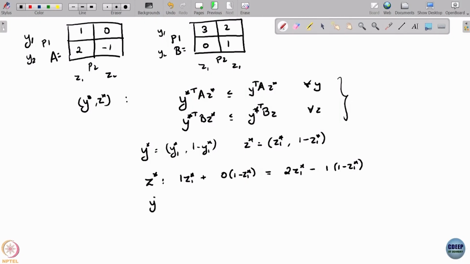And y star should be such that it does the same for the other player. So y star is such that the payoff of the second player becomes indifferent: 3 y1 star plus 0 times (1 minus y1 star) should be equal to 2 times y1 star plus 1 times (1 minus y1 star).